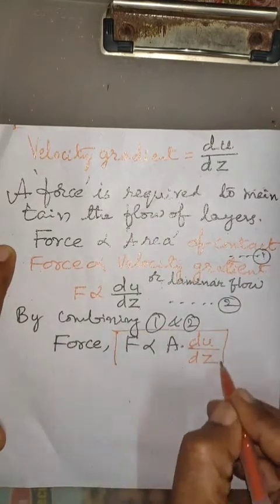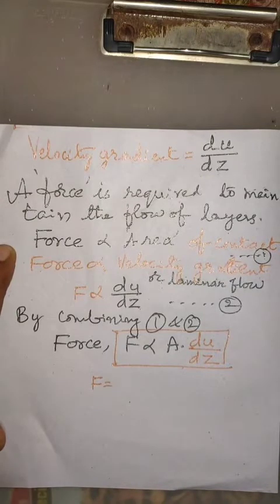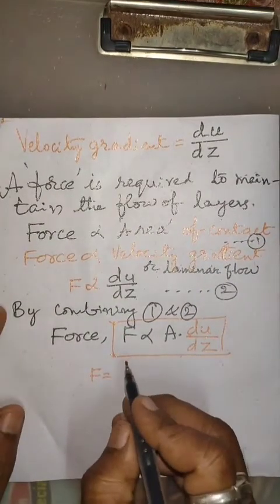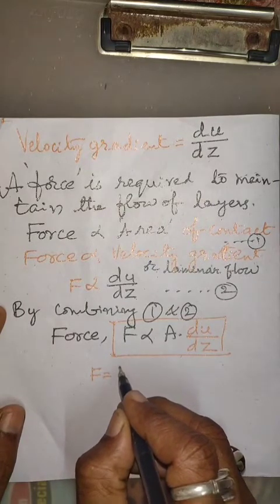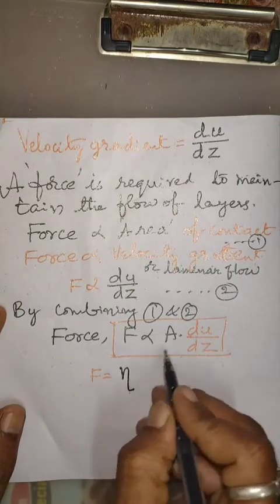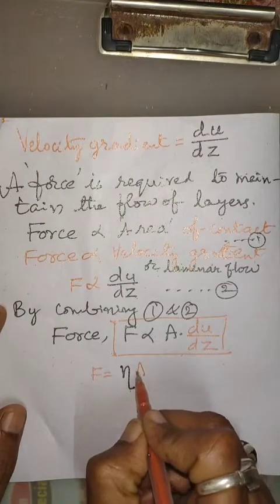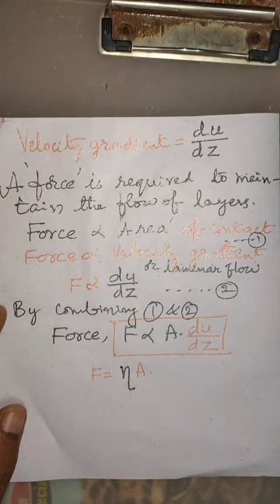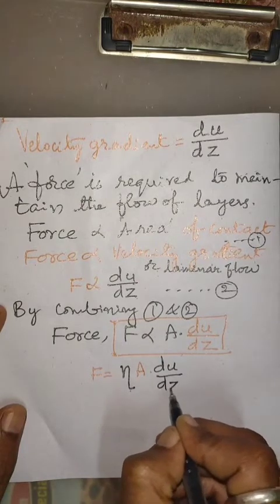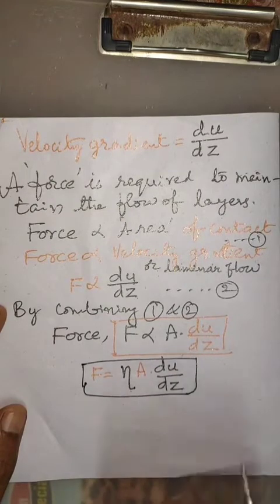After removing proportionality, we will have a proportionality constant, eta, into area of contact into velocity gradient du by dz. This is the final relation about force.